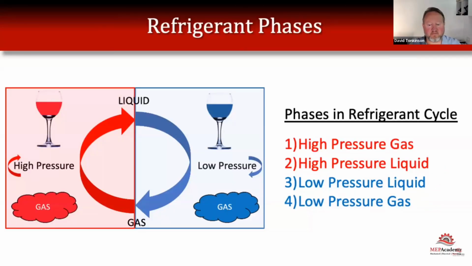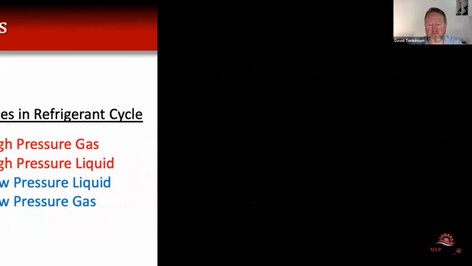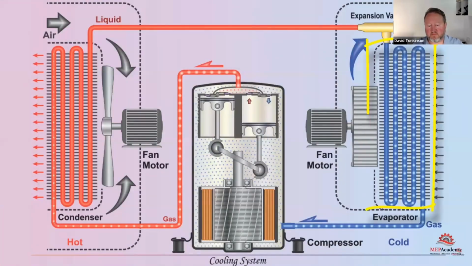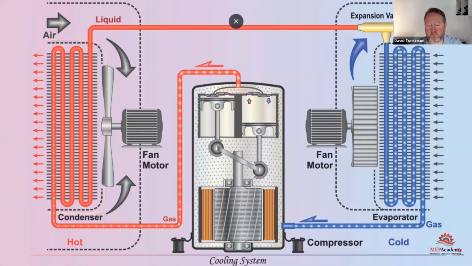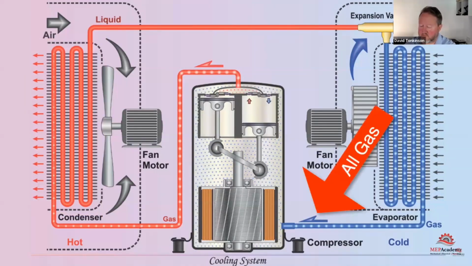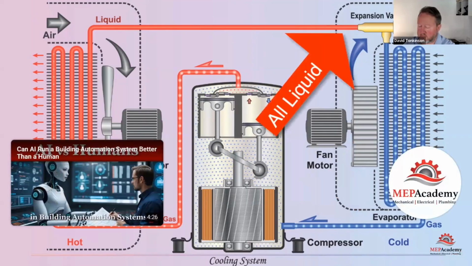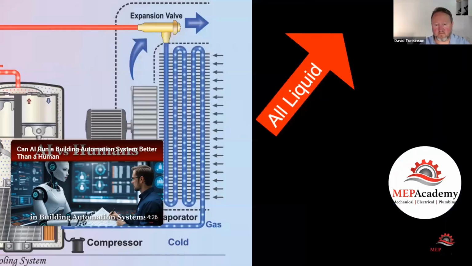Now, what you will find besides these four is that as the liquid is evaporating or condensing, you'll have a mixture of both liquid and gas. But by the time you get to the compressor, it has to be all gas. The compressor only deals with gas. And by the time you get to the metering device, you should be all high pressure liquid.